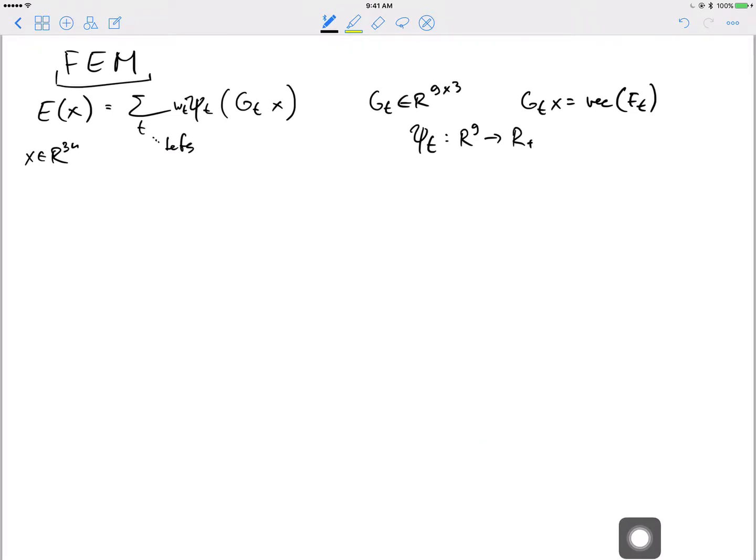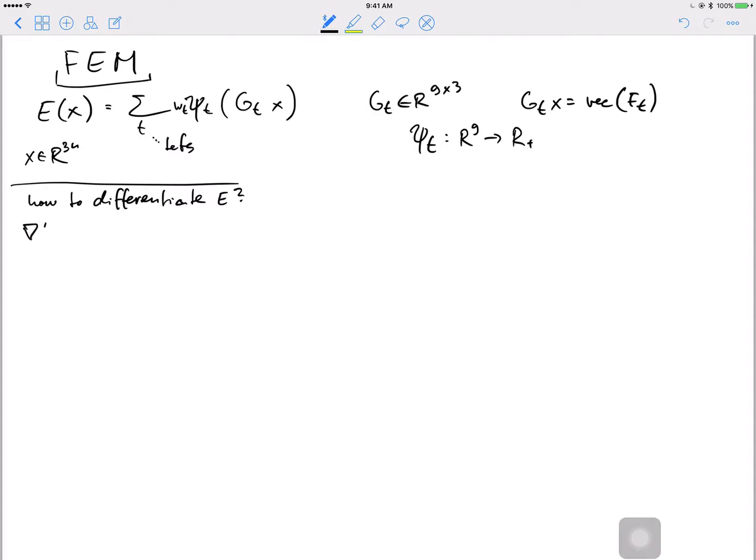And the general form of, so basically the question is how to differentiate E. Because when you want to get a working implementation, you need to take your particular material model and figure out what is the gradient and the Hessian of this E term, okay? So let me just make some comments on this.